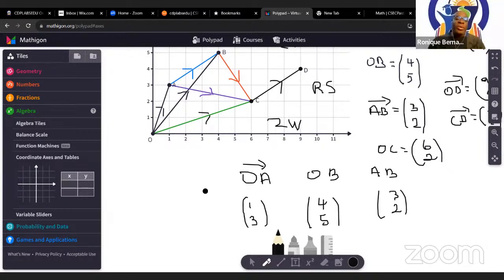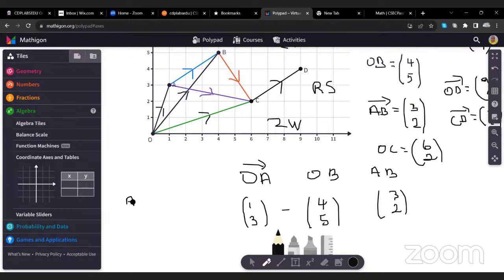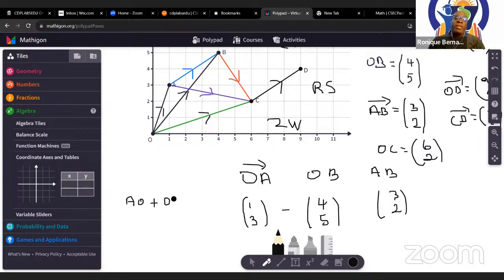So we're saying now, you can't take away in vectors, do you know? If you take 1 from 4, you won't get 3, you get negative 3. So you have to switch around the OA to AO plus the OB, and then you get AB.